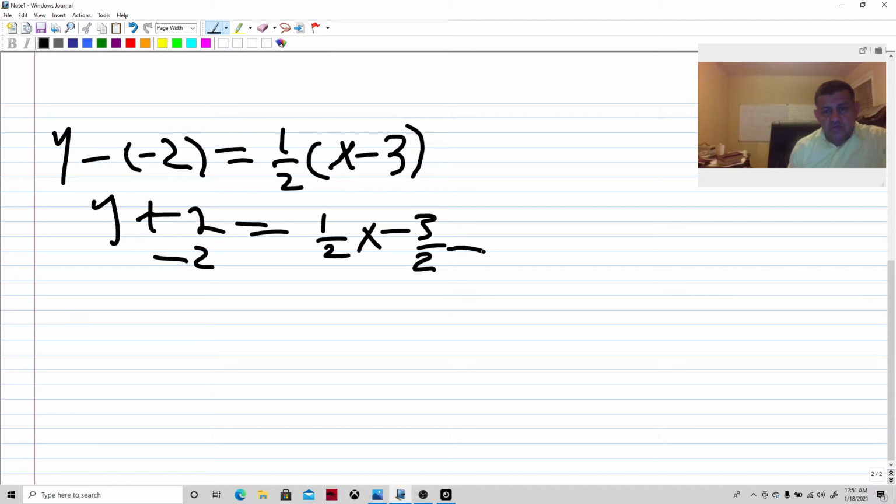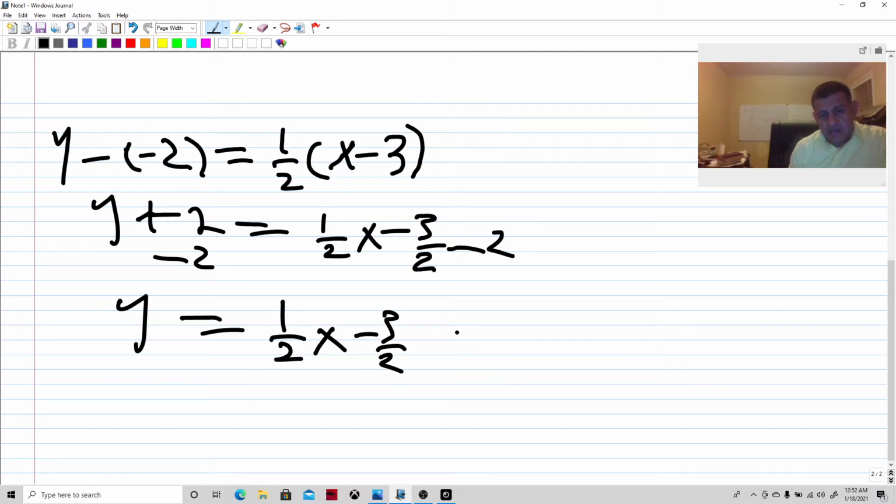We subtract 2 on both sides, and we get y equal to 1/2 x minus 3/2 minus 2. Right? So now it seems like we will get some y-intercept.